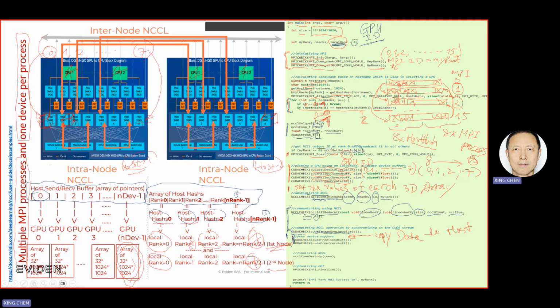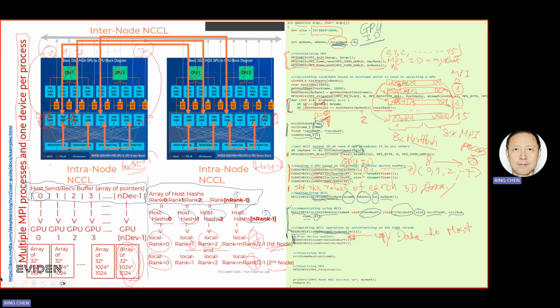But anyway, it doesn't affect our discussion because we focused on the NCCL communication, and from the point of view of NCCL communication, it's a piece of complete code. And then you free these two buffers, and right now you have finished your all reduce collective communication.